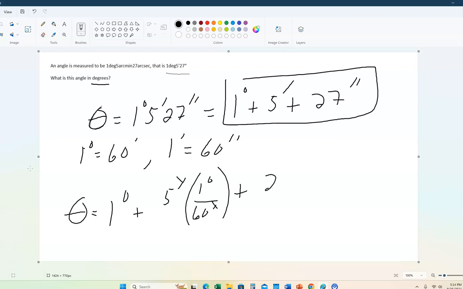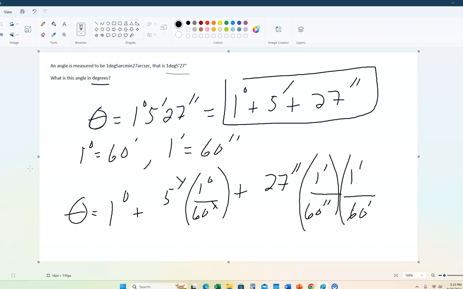Plus 27 arc seconds, and there are 60 arc seconds in 1 arc minute, so we're going to end up dividing by 60 squared. There are 60 arc minutes in 1 degree.